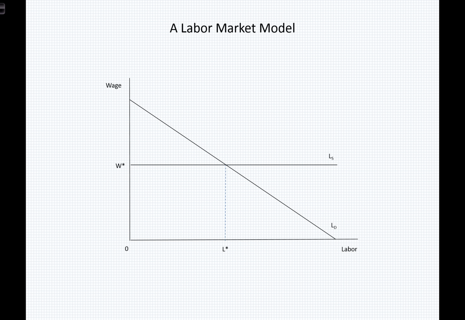Well, this might be simply not us seeing the market for an entire type of worker in a large marketplace, but this might be thinking about this from the standpoint of the firm, because at W star, in this market of, let's say, moderately skilled workers, this firm can hire whatever number of moderately skilled workers it wants at that wage, such that if the labor demand curve shifts out and to the right, to LD prime, it would yield a higher number of employed workers at L prime, but at the same wage.